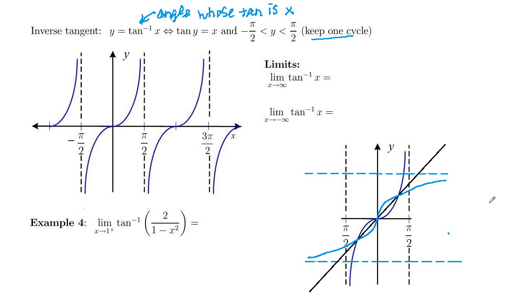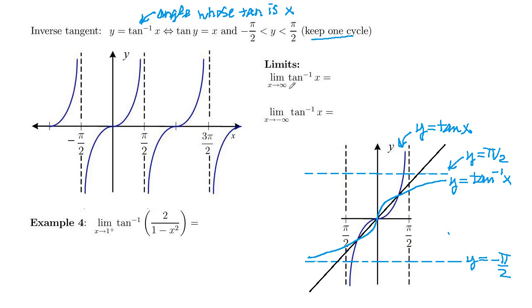Like that. So this is y equal inverse tan x. And then this one is y equal tan x, one cycle. So, and this is at y equal negative pi over 2 and y equal pi over 2, horizontal asymptotes.